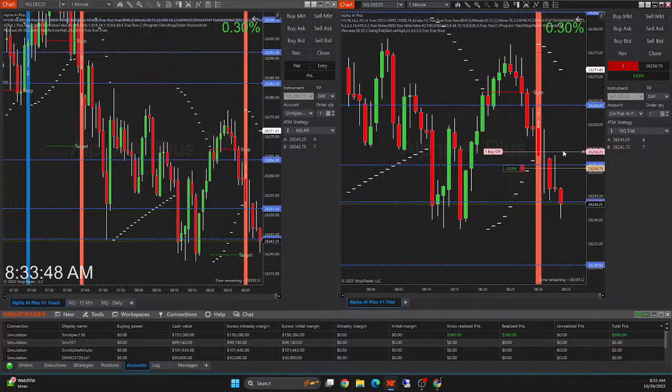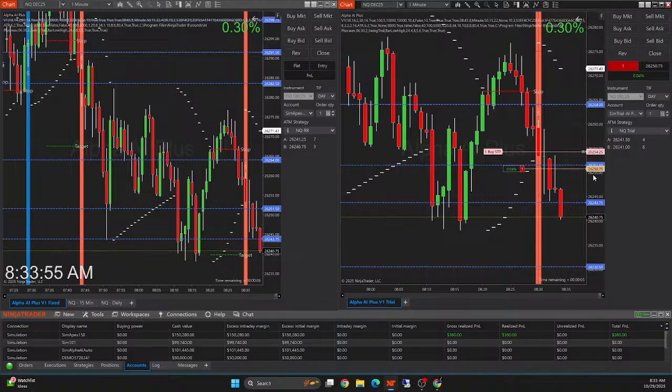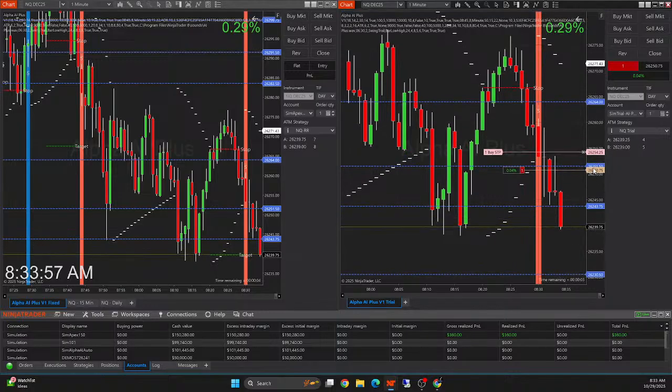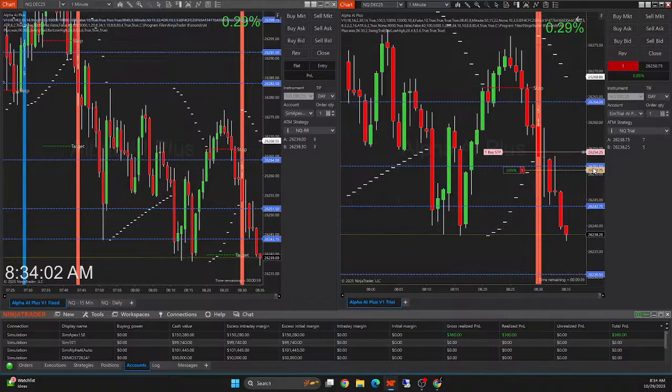I'm not going to move it again now, because if I move to break even now, there's a big chance I can hit my stop at break even, so I don't want to do that. I was going to wait and see what's happening. I want to see a clean breakout. In this scenario I see a clean breakout, so I'm going to move my stop loss and secure some profit.